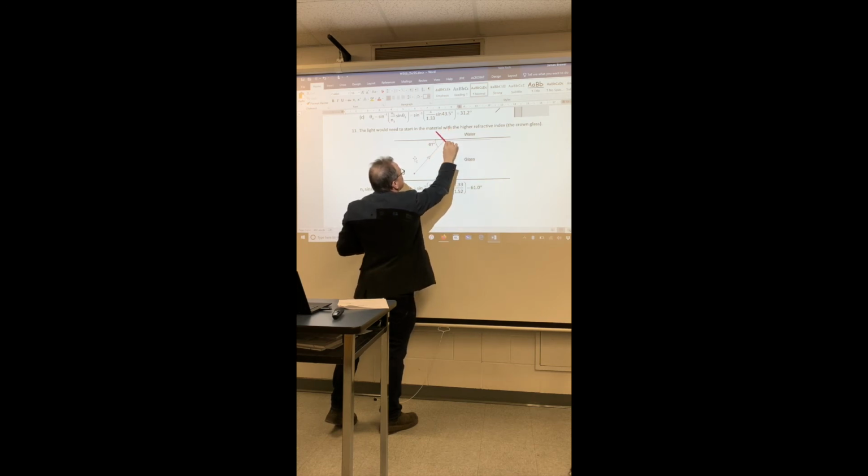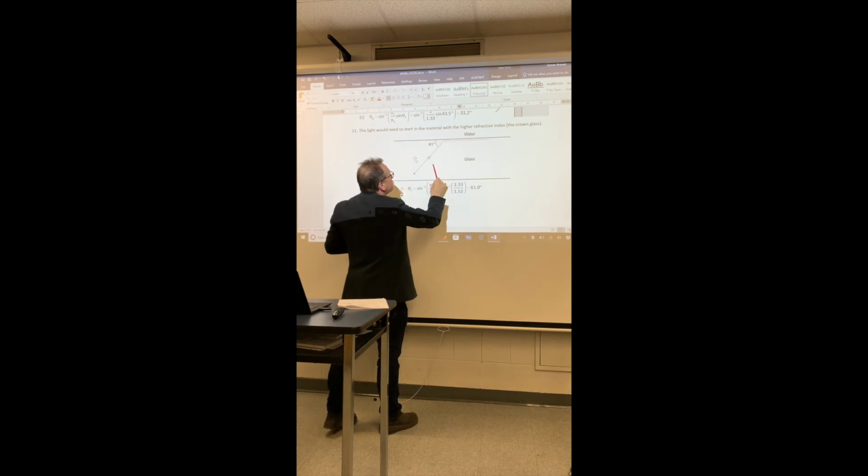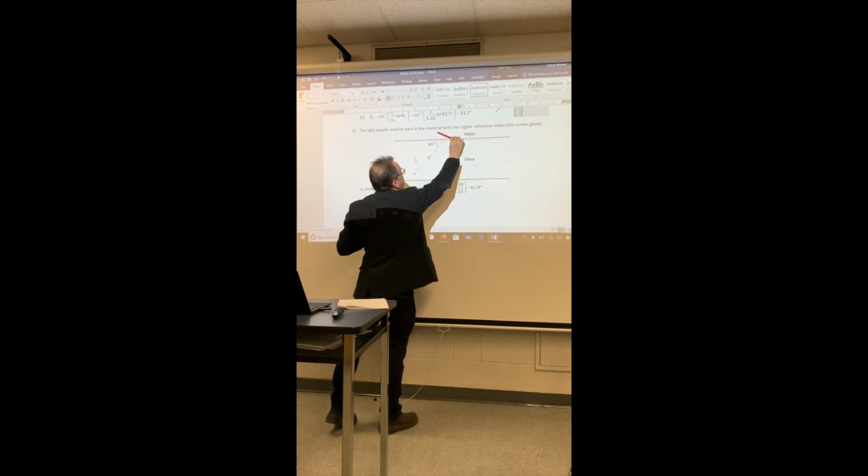So it needs to speed up as it comes out of the material, because it needs to go in that direction. So it must be that the light starts in the glass and we have water around it. Imagine if this was water and that was glass. As it came out, it would bend in that direction, right? It would bend like that. We need it to bend like that. So it must be glass here and water there.